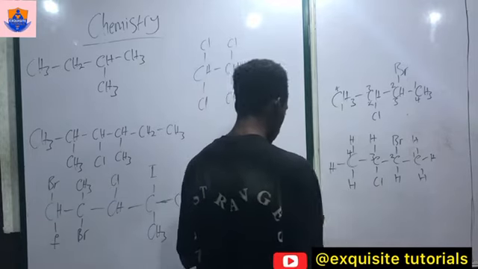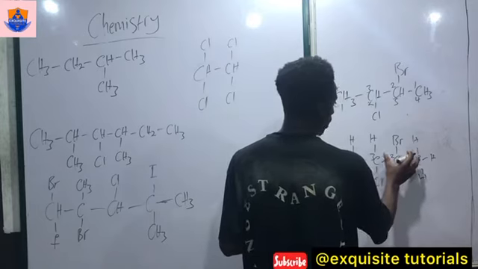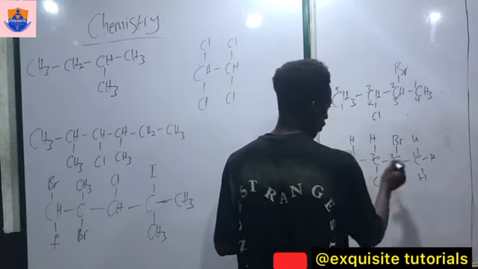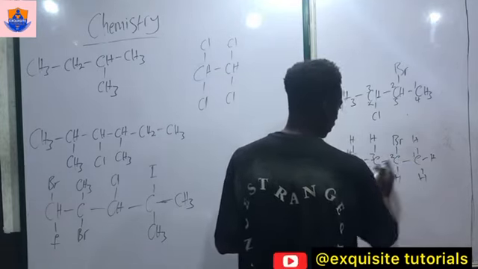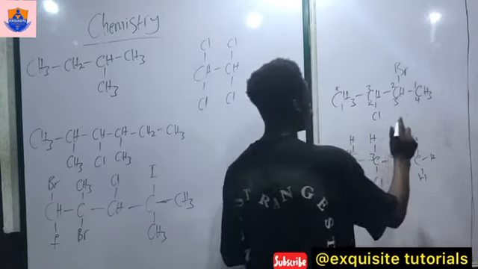So how do you name this now? We're naming bromine first before chlorine. Bromine is at the second carbon in this parent chain, the second carbon.